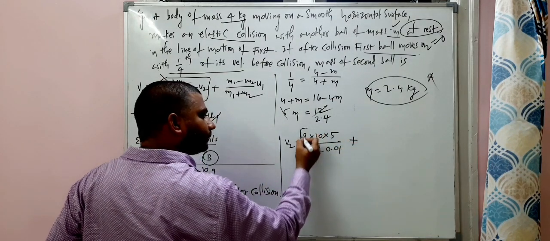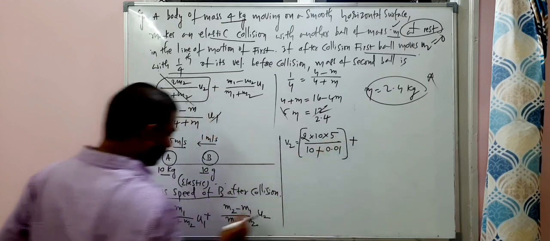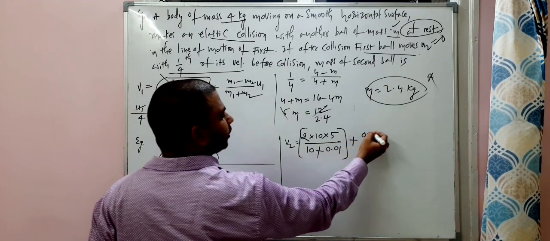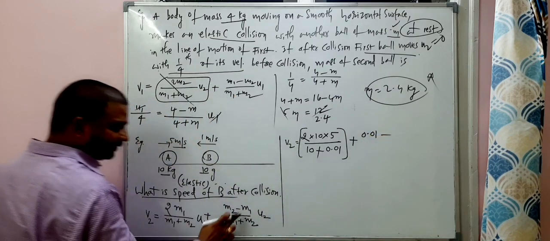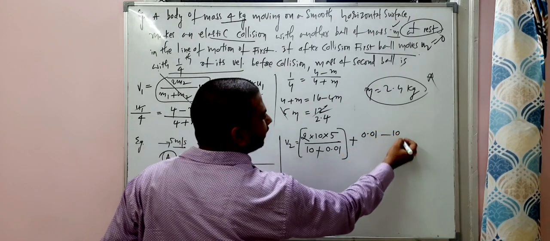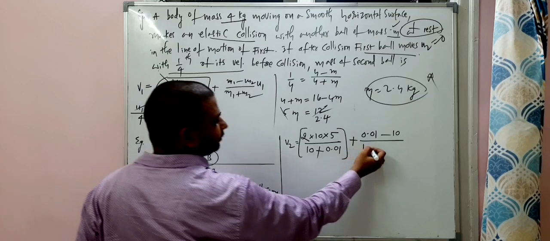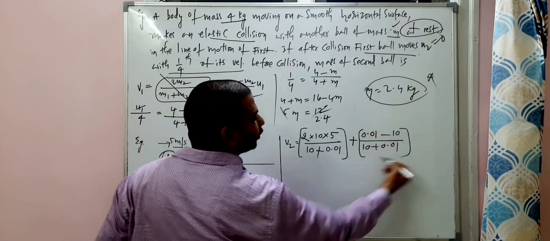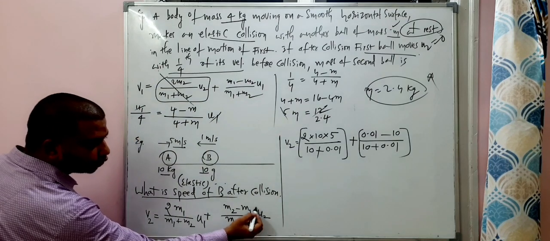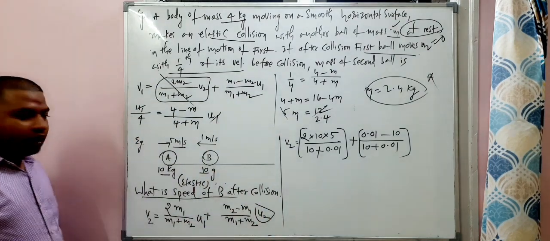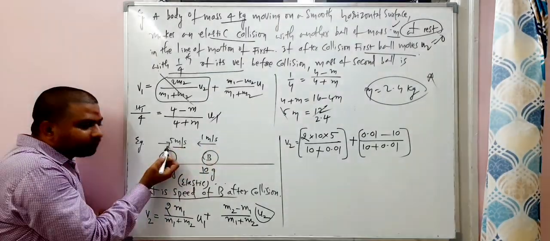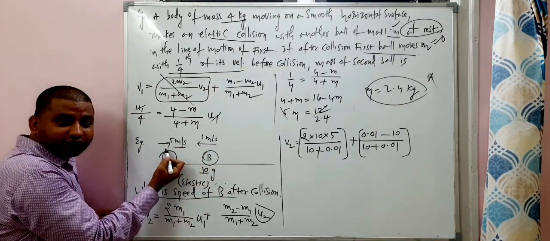Plus m2 minus m1. m2 is just now we have got 0.01 minus m1. It's 10 divided by m1 plus m2, 10 plus 0.01. And this is an important point here, my dear students. U2, this is an important point. The initial velocity of the second body is opposite to the first body. Understand?